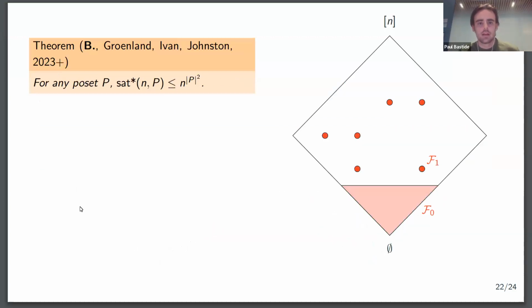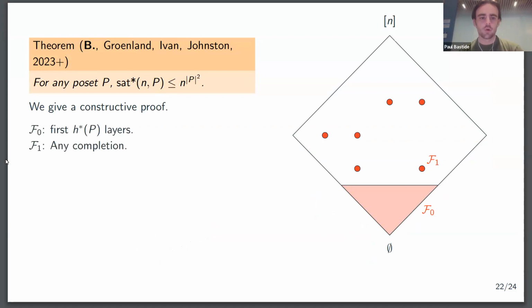Okay. Just to give you a glimpse of why those definitions are useful and how you prove a polynomial upper bound. It's a construction proof. So I will just describe to you a way to construct a family that has this size and is also saturated for P. So first, let's do something very silly.